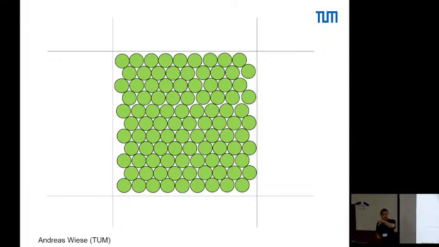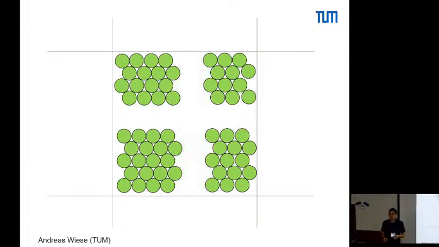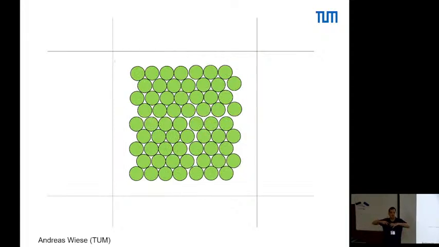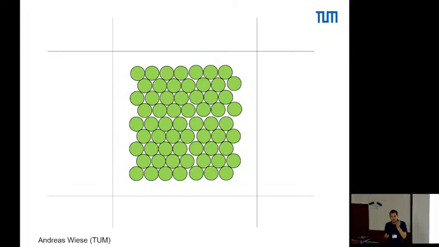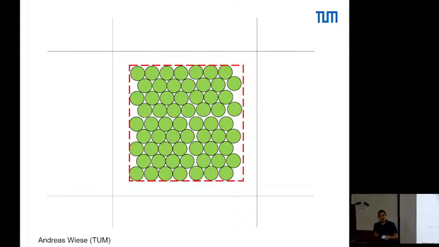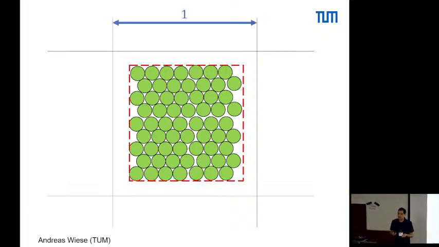Secondly, I look at every single grid cell, and with some random shift, I delete some of the circles in this grid cell so that I can push everything towards the center. And the effect is that then the remaining circles are still very profitable, almost as profitable as the original ones. But they fit now into a smaller grid cell. They fit into a cell that is by a factor of 1 minus epsilon smaller than the original one.